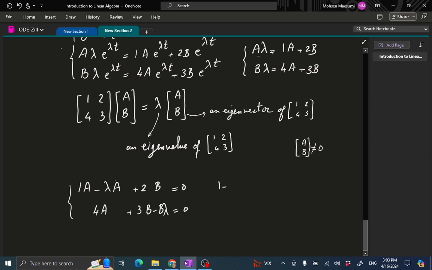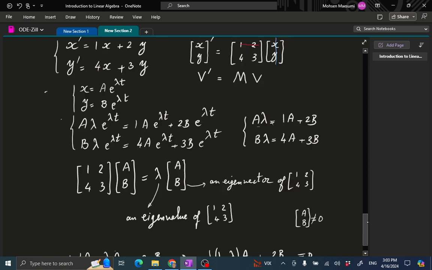So I have (1 minus lambda) times a plus 2b equal to 0. And here I have 4a plus (3 minus lambda) times b equal to 0. So for the matrix 1, 2, 4, 3, I have just subtracted lambda from the diagonal of that matrix.